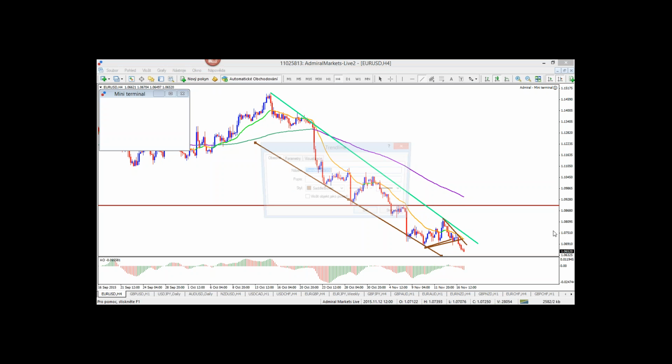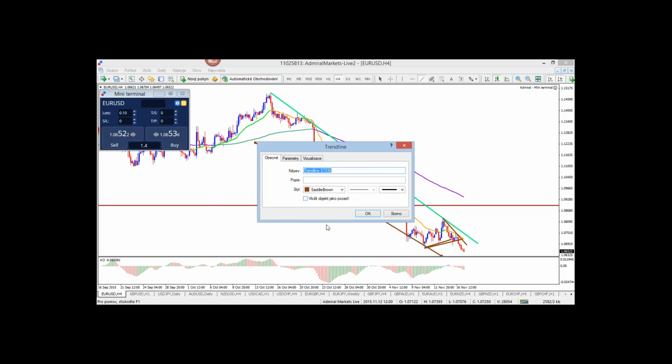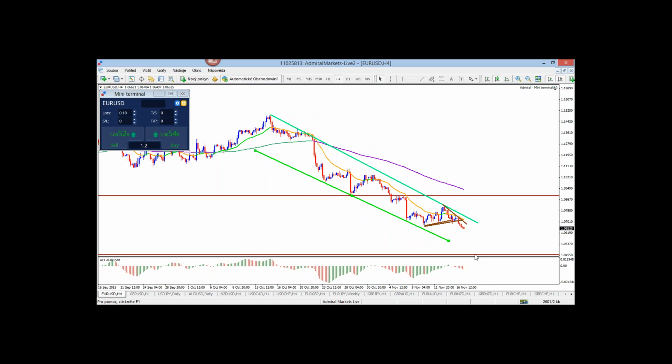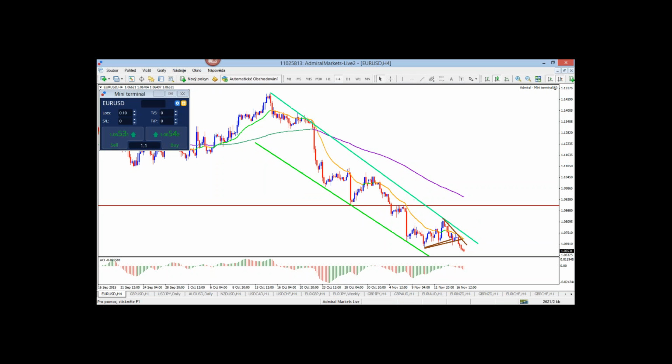Let me adjust this color-wise. There, the green lines indicating that channel. All right, so we got the green trend channel on the 4-hour chart.